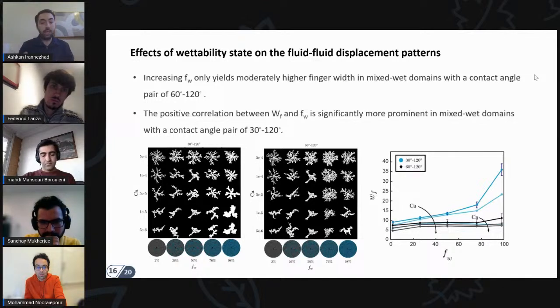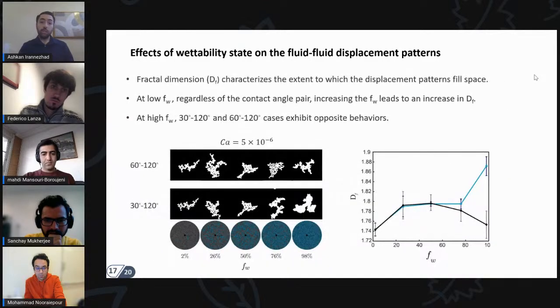And in this case, because of the predominance of overlap events, we have finger widths that are higher.